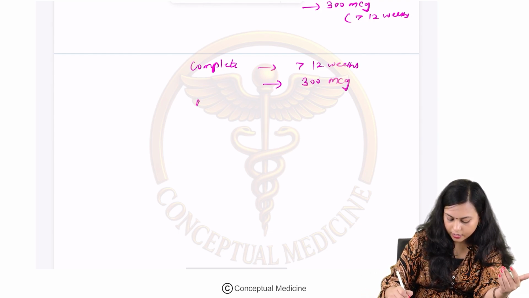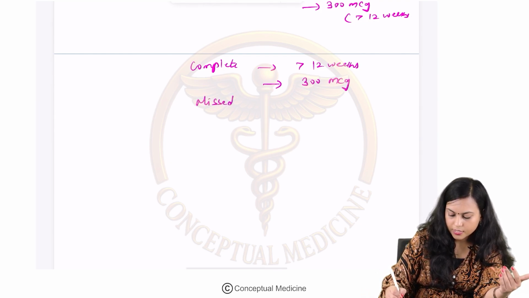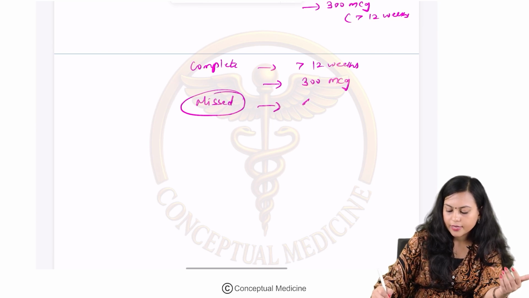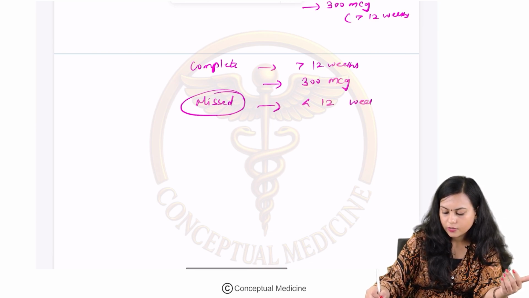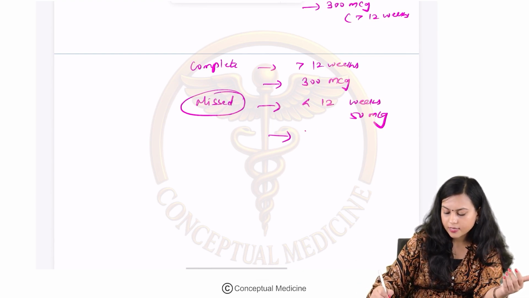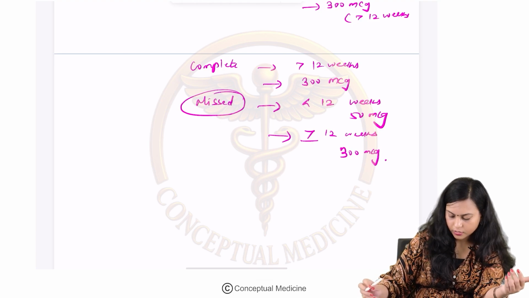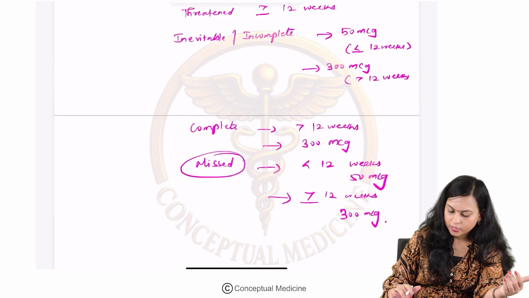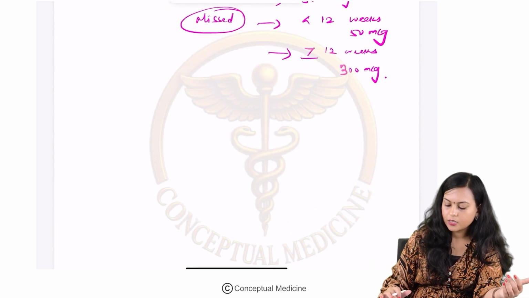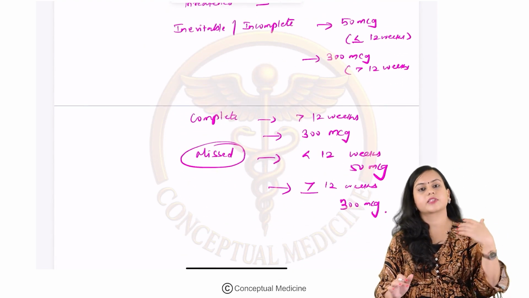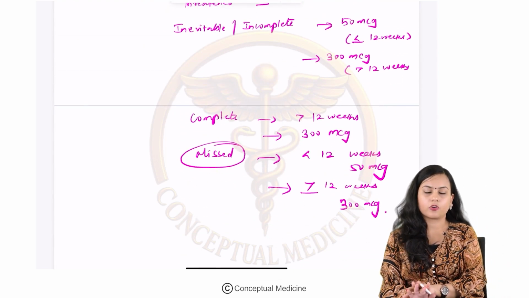And if it is a missed miscarriage also, you can give 50 microgram if she is less than 12 weeks, and if she is more than or equal to 12 weeks, you can give her 300 microgram. And with this we'll be completing the discussion on miscarriage or abortions.